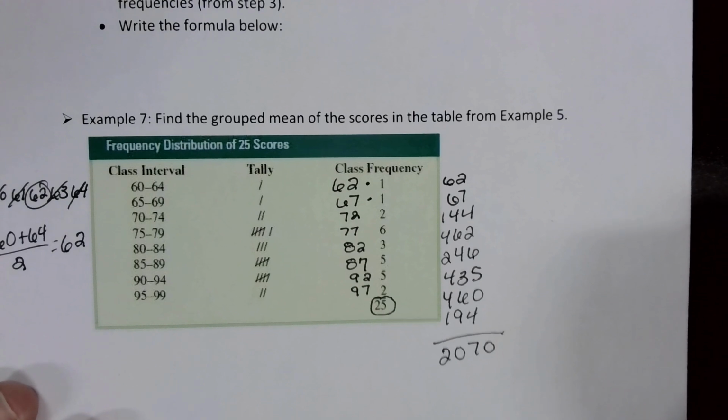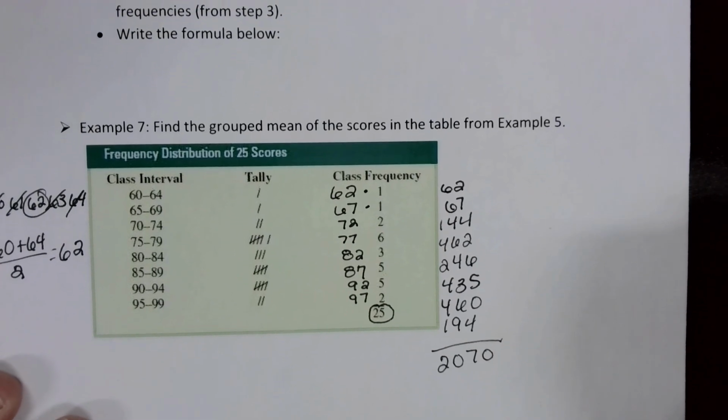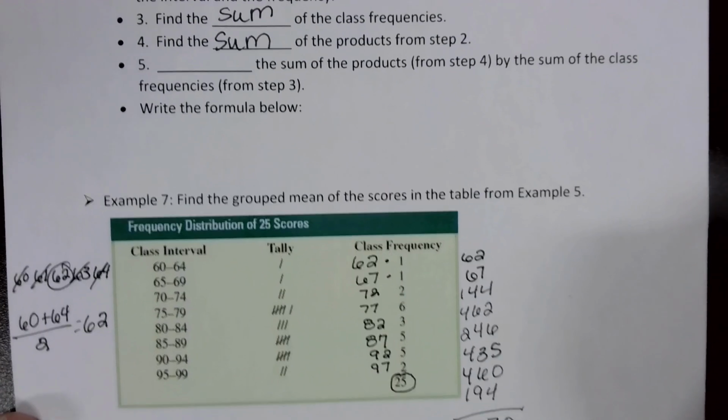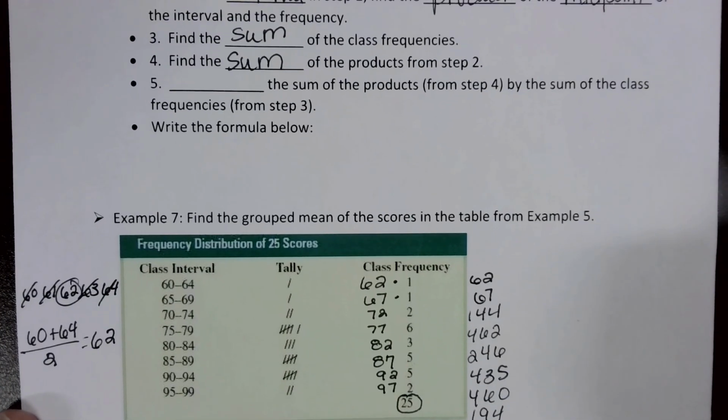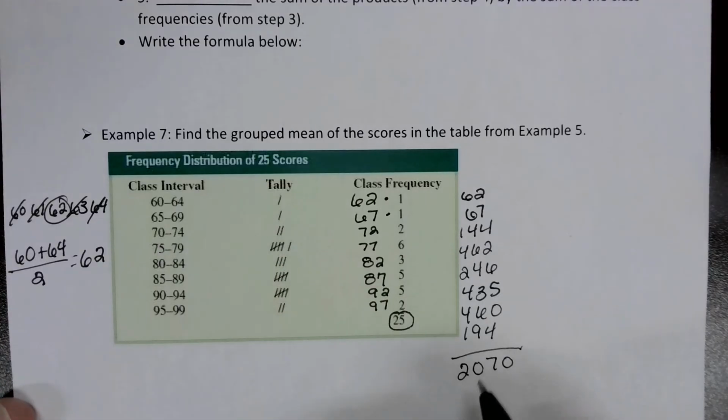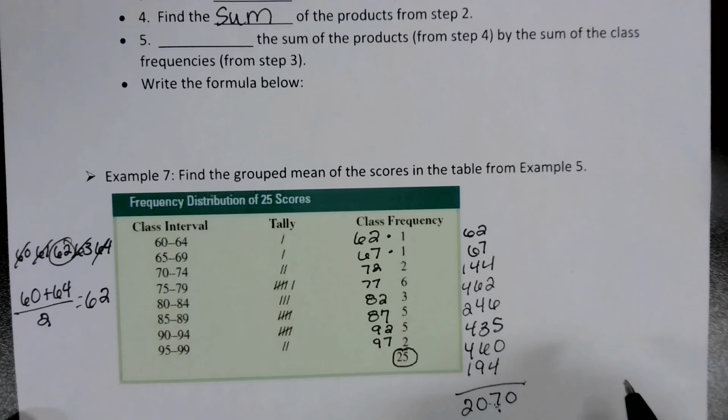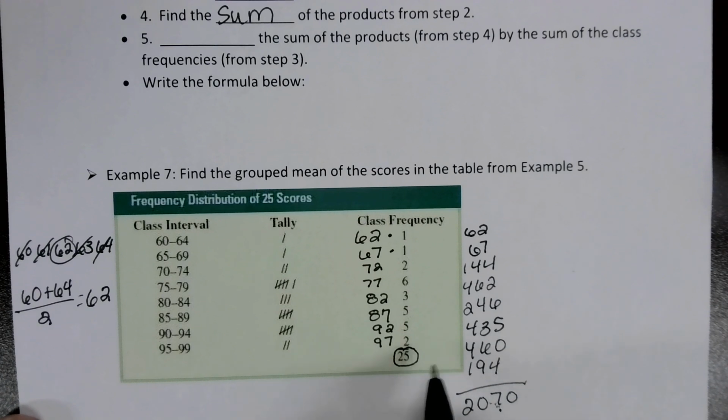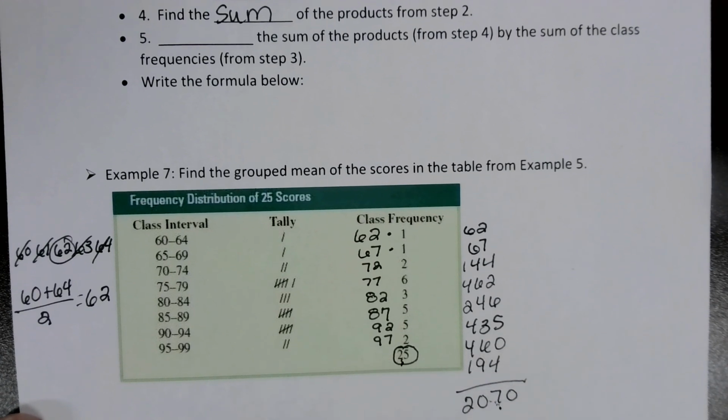Please put those in your calculator and check me. Then the fifth step is we're going to divide the sum of the products, that's this number, by the sum of class frequencies. That's that number.